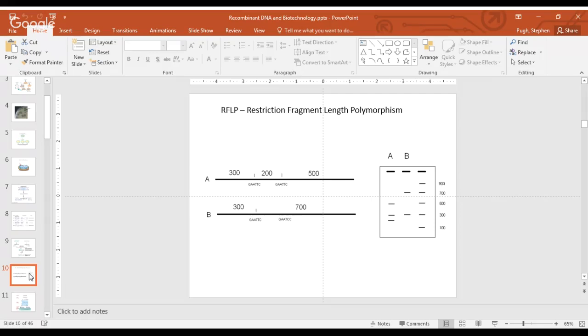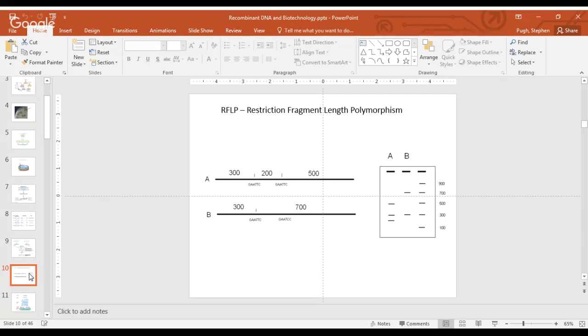But the bottom strain has a mutation in one of those restriction sites. So you look at the restriction site on the right in DNA molecule B, you see that the sequence is GAATCC instead of GAATTC. So EcoRI will not recognize that 6-base sequence, and so no cut occurs there.